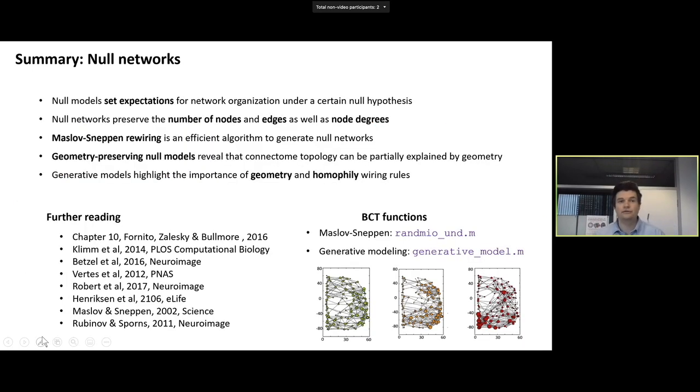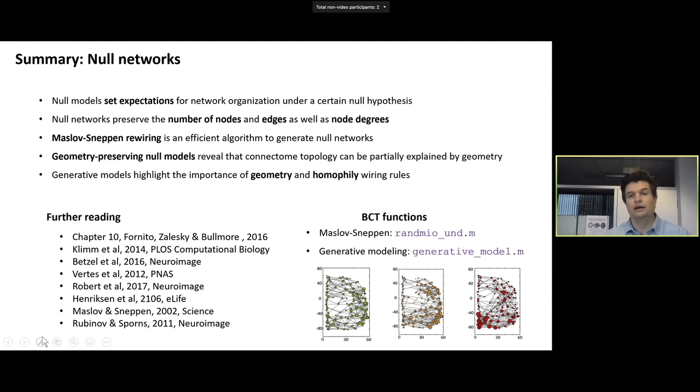So in summary, I've shown that null models can set expectations for network organization under certain null hypotheses. The most common null network involves preservation of the number of nodes, the number of edges, and node degree. And this can be efficiently realized with the Maslov-Sneppen rewiring algorithm. In recent times, there's been interest in preserving not only the edges, nodes, and node degree, but also the geometry of the connectome.